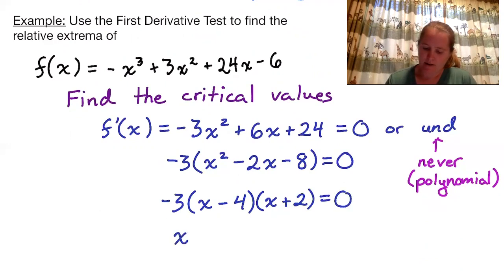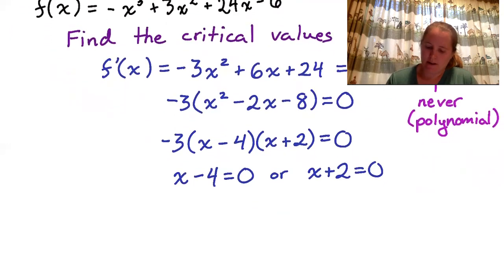So we have either x minus 4 equals 0 or x plus 2 equals 0. And we therefore get x equals 4 or negative 2 for our critical values.